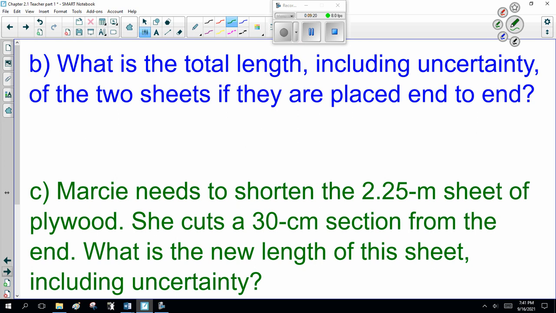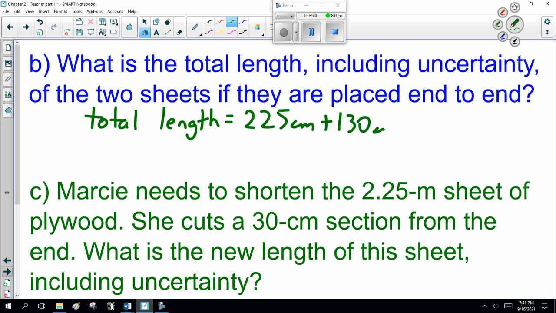Anyway, so what is the total length, including uncertainty, of the two sheets if they are placed end to end? Okay, so the total length is 225, we'll leave it as centimeters, plus 130 centimeters.